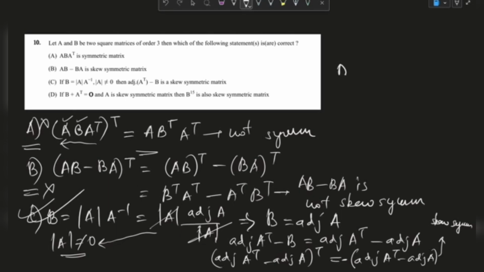And I'm doing option D here. In our option D, we have B plus A transpose as 0, or basically a null matrix, you can say. Now what we have is, it's given that A is a skew symmetric matrix. So A transpose is given as minus A. This was given.